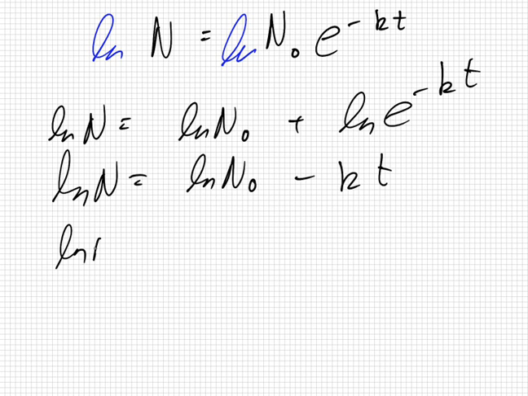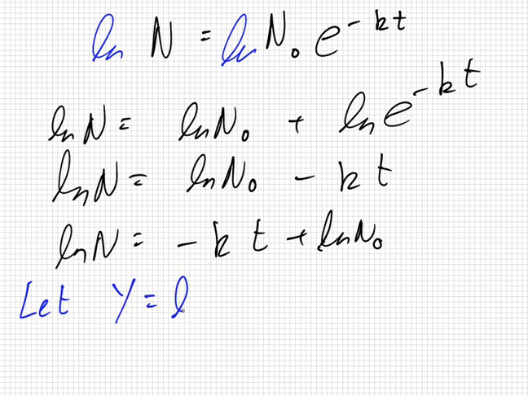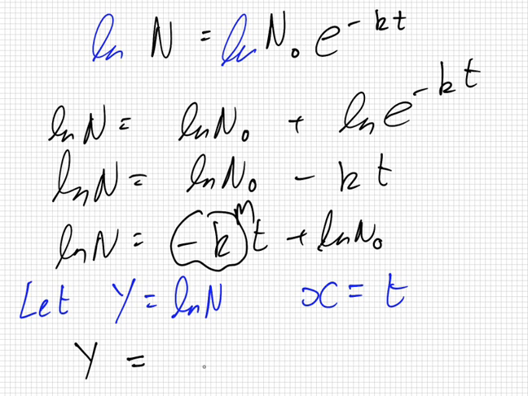So I get log n equals minus kt plus log n0. Okay, so what I'll do now is let y equal log n and put on the x-axis t. So then this becomes y equals, this here, we call it the slope. So y equals mx, and this here will be the c.